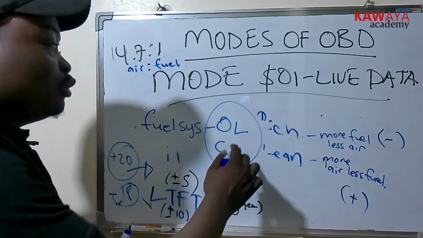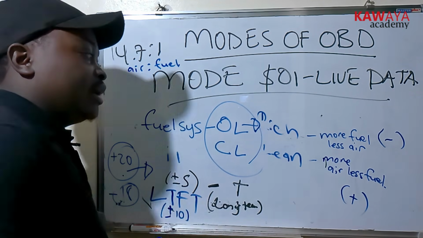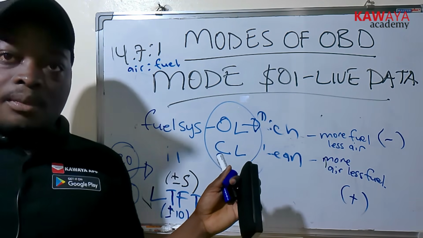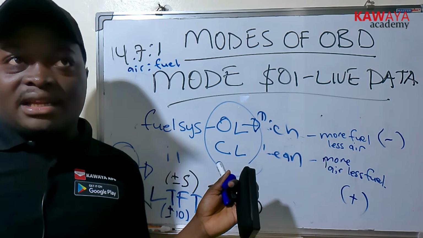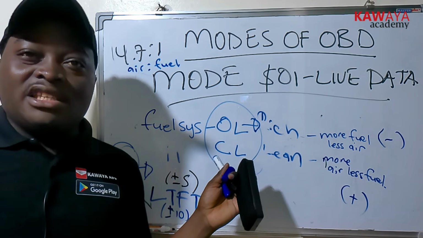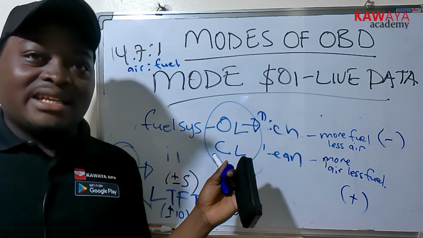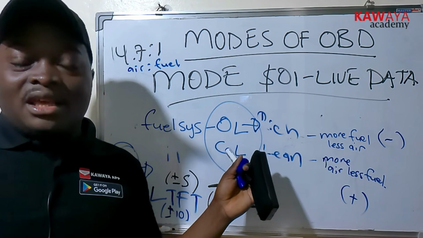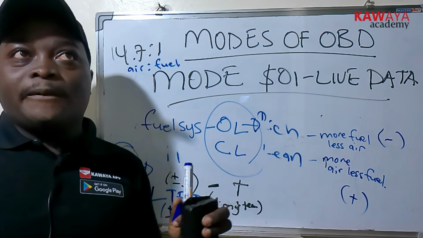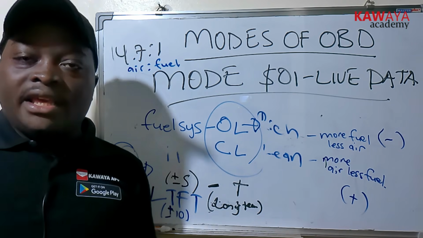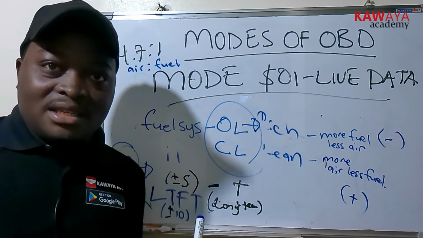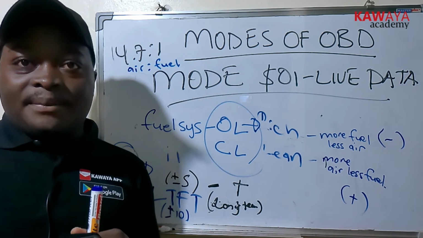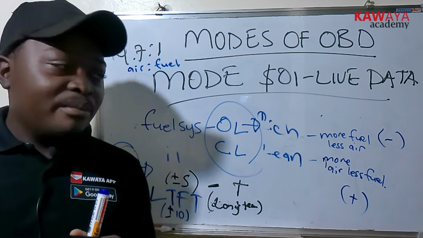And then open loop basically means that there is no trimming and there's no oxygen sensor or other sensor data that are helping with fuel delivery. Open loop basically means that the ECU is trimming using the pre-existing maps in its memory.